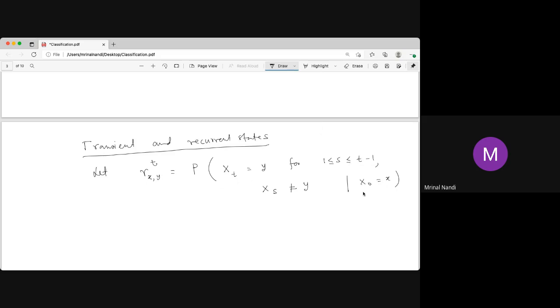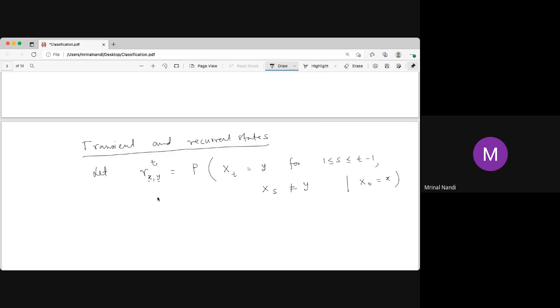That means starting from x, it reaches y for the first time after t steps. What is the probability that the first time it will reach y is after t steps? This probability we denote by r_xy(t). So you start from x and reach y after t steps for the first time, not before t.